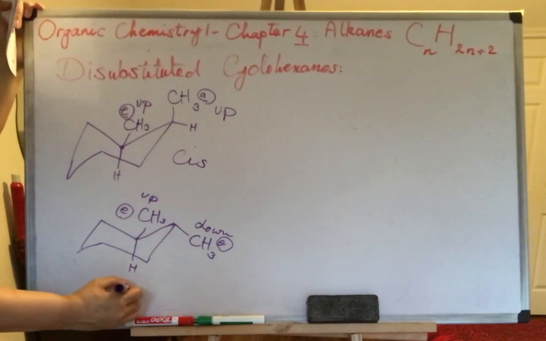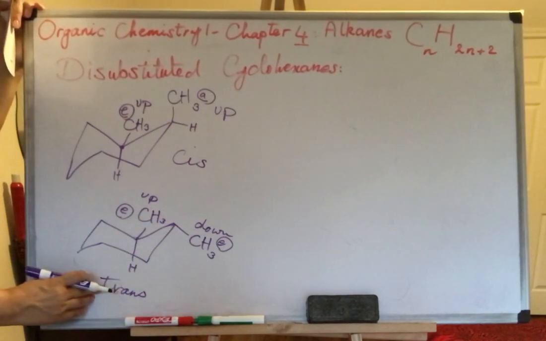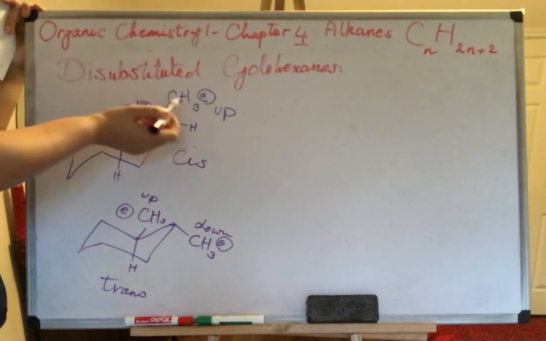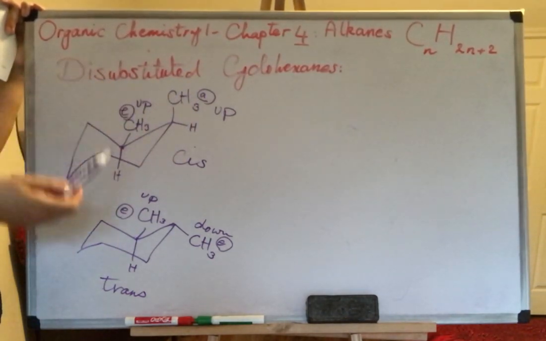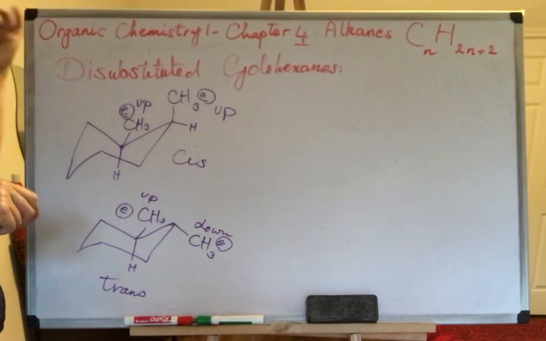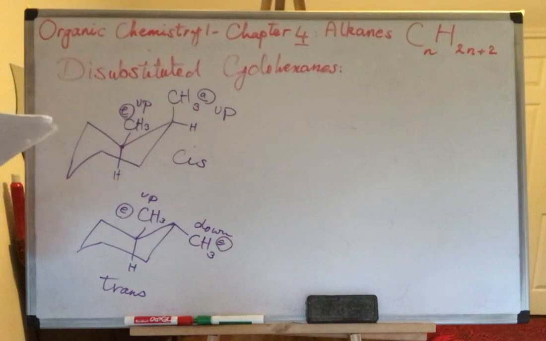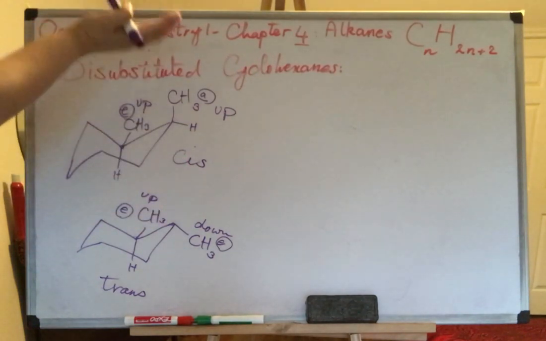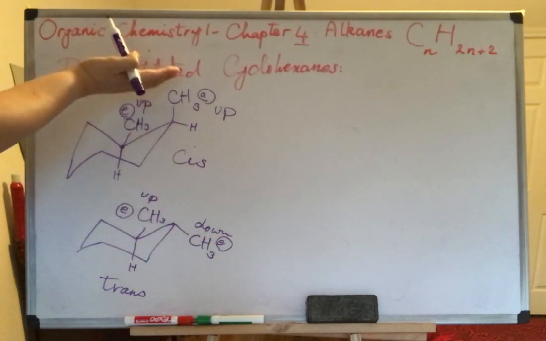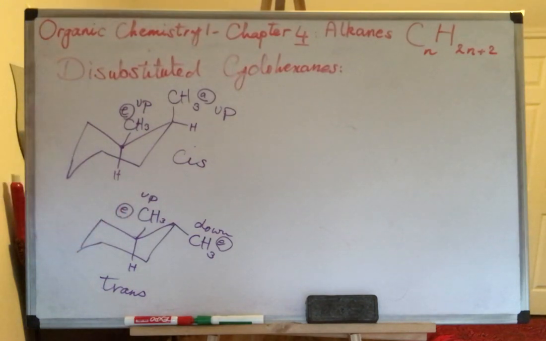So two opposite directions is trans. So one more time. It doesn't matter if we're talking about an equatorial and an axial, or both of them are equatorial, both of them are axial. What matters to us is that they're both on the same side of the ring, both either up or down, or they're on the opposite sides of the ring.